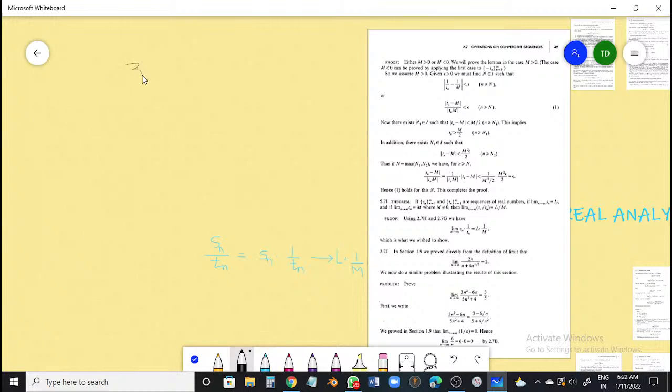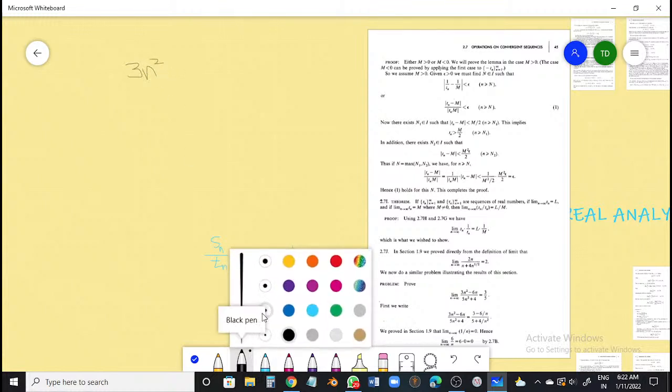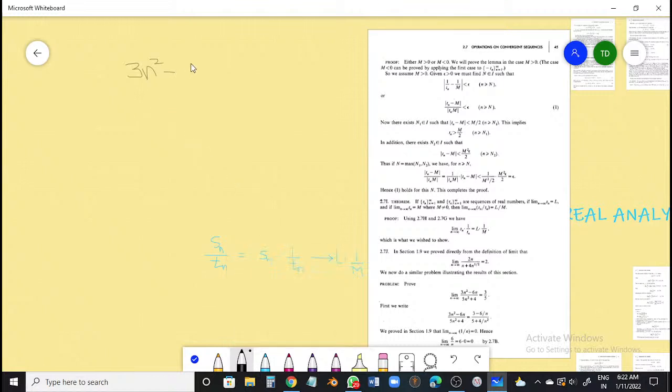So we have 3n square minus 6n upon 5n square plus 4. What we have done here is take this n square out.